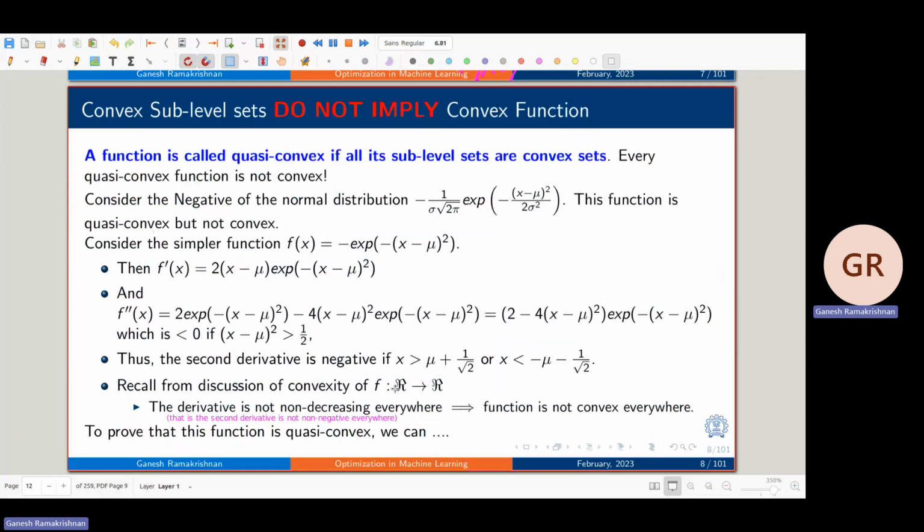You understand, right? The derivative, if it has to be non-decreasing, then how should the second derivative be? Non-decreasing means not strictly increasing. It should have been non-negative. This is not non-negative everywhere.